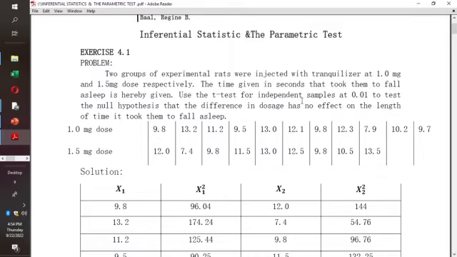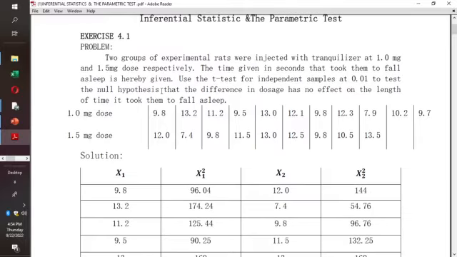So sa exercises 4.1 po sa lesson 4, the parametric test, two groups of experimental rats are injected with tranquilizer at 1.0 mg and 1.5 mg dose, respectively. The time given in seconds that it took them to fall asleep is hereby given.